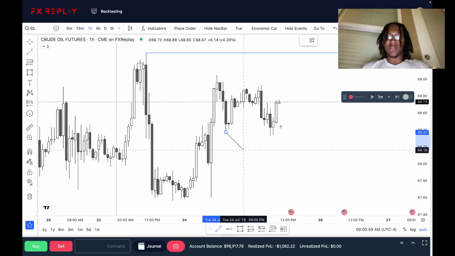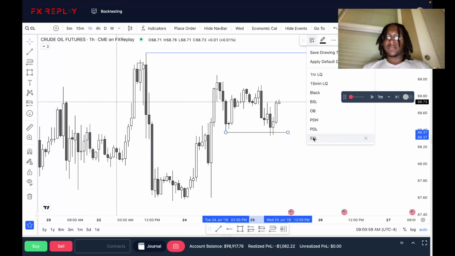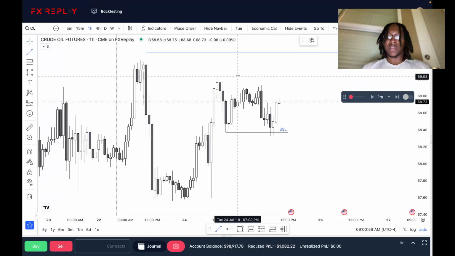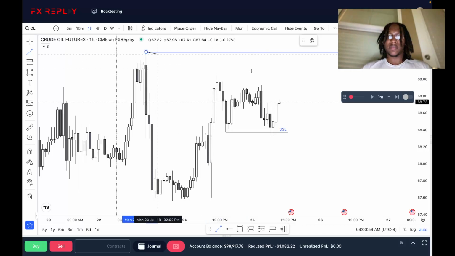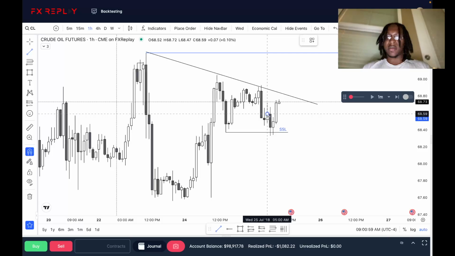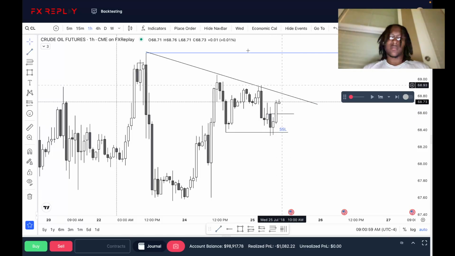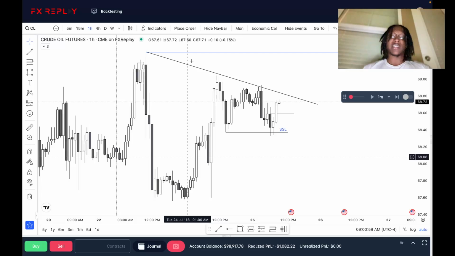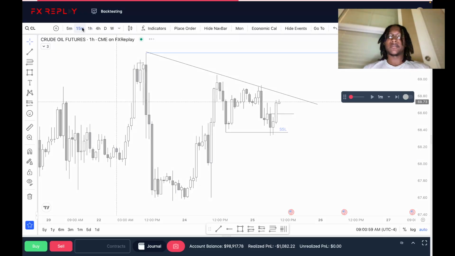We run below sell side liquidity here. We have some trend line liquidity here. We create an order block here. Maybe now price is willing to trade higher.